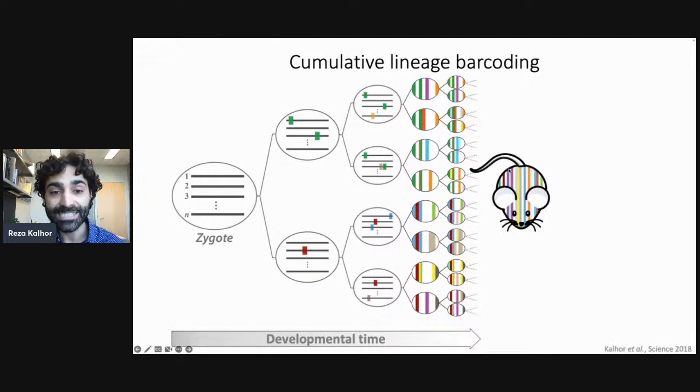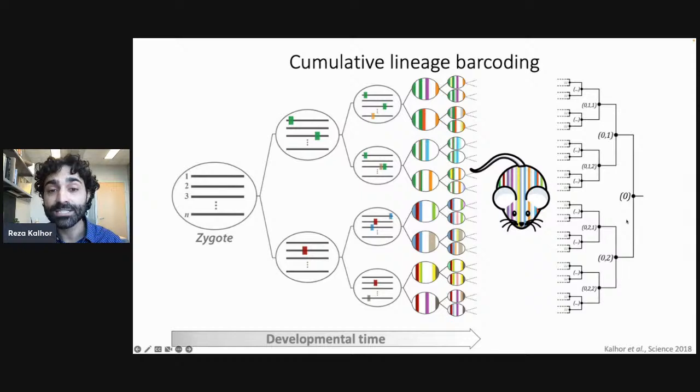What that gives you in the end is a barcoded animal in which each cell has a set of mutations that speak to its phylogeny, and those mutations can be sequenced to infer a phylogenetic tree. And you almost certainly recognize the similarity between this and evolutionary phylogenetics.